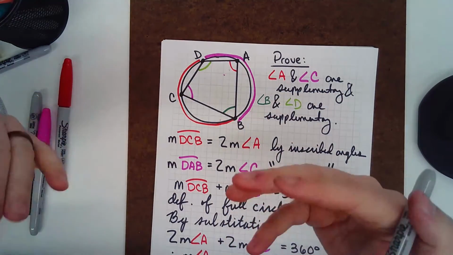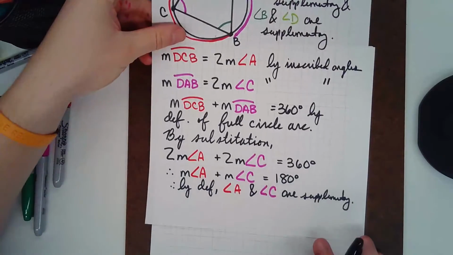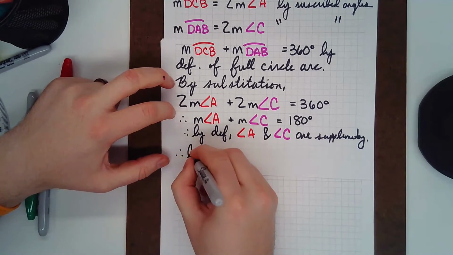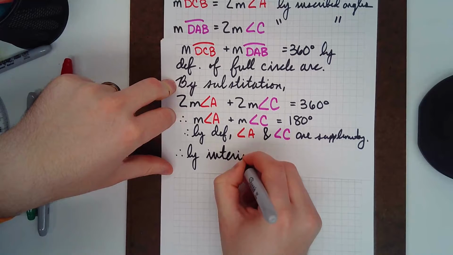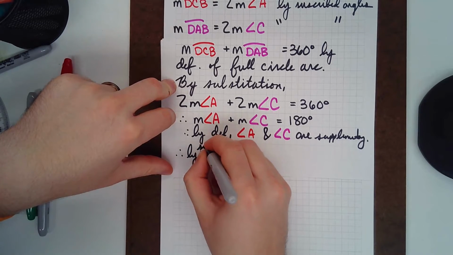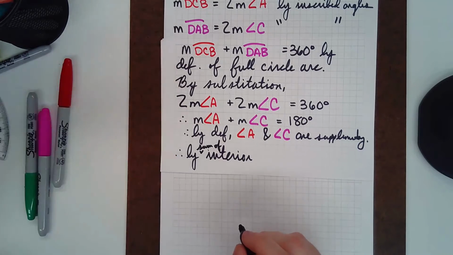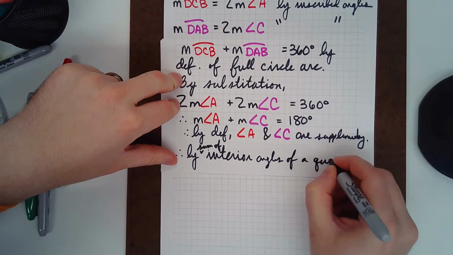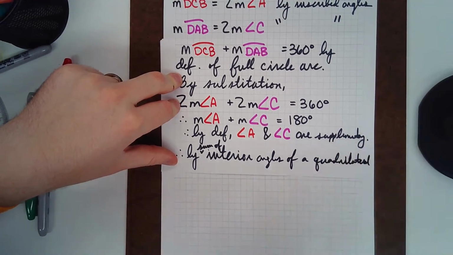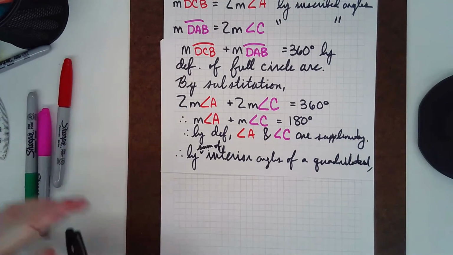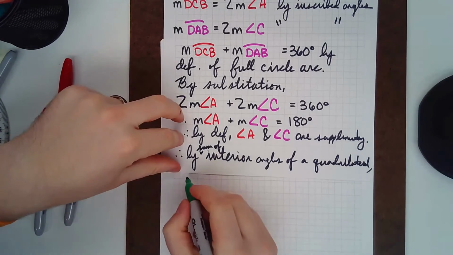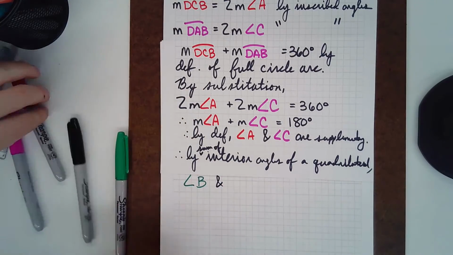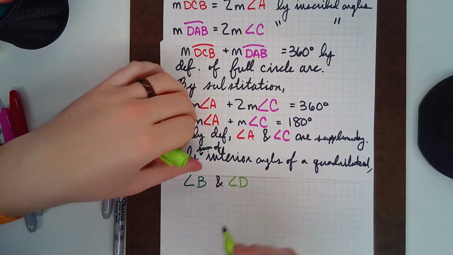So what I'm going to write down here, in addition to all this, is: therefore, by the sum of interior angles of a quadrilateral, S-U-M, not S-O-M-E, angle B, which I did in dark green, and angle D, which I did in light green, are supplementary.